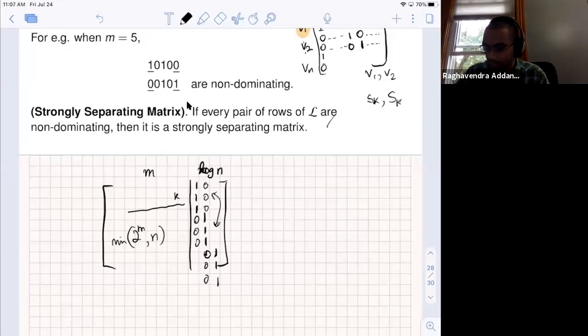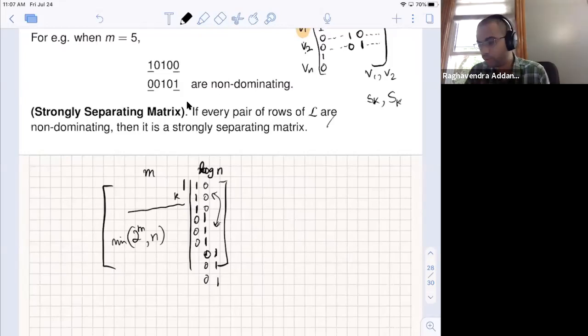Between rows of the same weight, one can argue that if the Hamming weight of two distinct vectors is the same, then 0, 1, 1, 0 exists. So building on this intuition, we push these weight indicator bits onto these m columns and lose a factor of 2 by doing so.